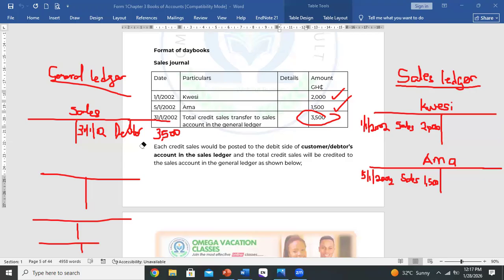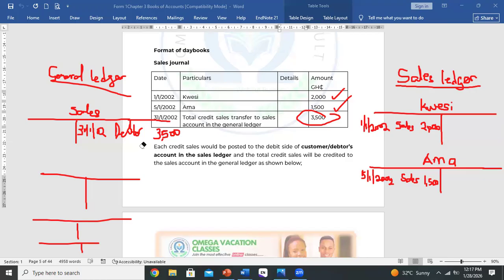So, for example, if the main business is to buy and sell shoes, then the shoes are the goods. So anytime the business sells shoes, you can call it what? Sales. If the business is dealing in buying and selling of cars or vehicles, then anytime the business sells cars, you can call it what? Sales.